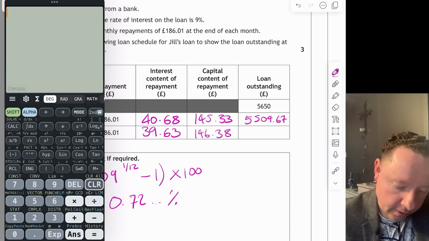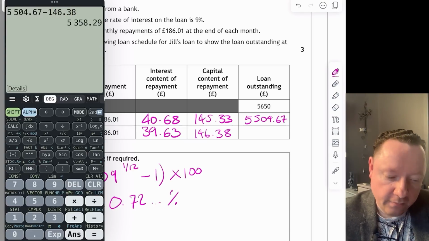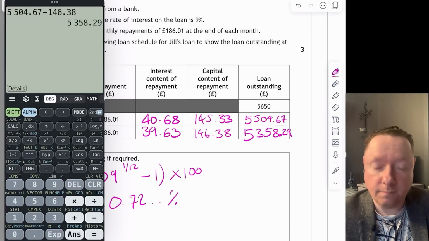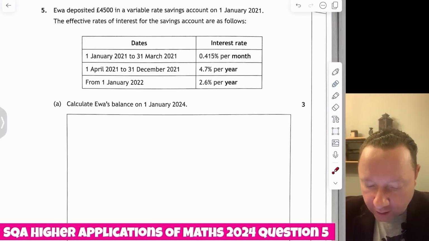And finally, loan £5504.67 minus the £146.38 to get 5358.29. And we're done there. Higher Applications of Maths 2024 question 5.